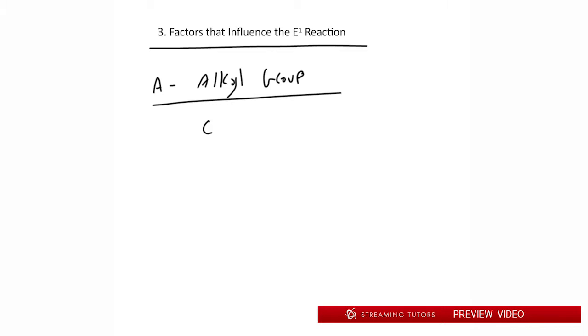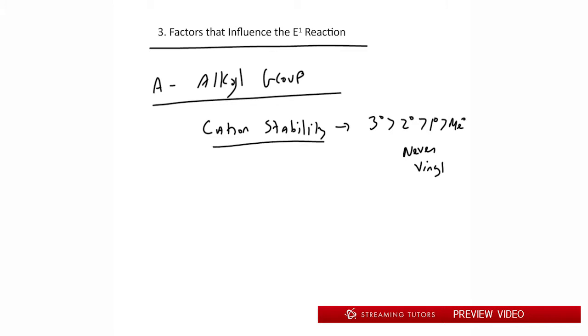Remember, carbocation stability is like this: the higher the degree, tertiary is the best, secondary follows, primary, and then methyl. This is our stability. Never vinyl. Never a double bond carbon. Never make that carbon positive. So this is cation stability, and because tertiary is so good, it's the best, secondary follows.